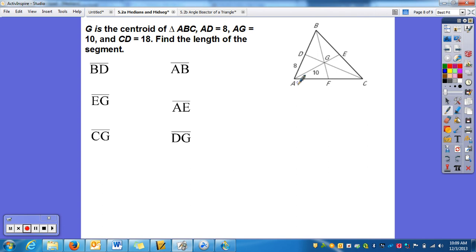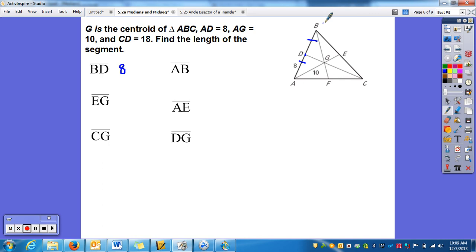Alright, so let's just do one quick example. G is a centroid of triangle ABC, where AD is 8, AG is 10, and CD, the entire length, is 18. We need to find the lengths of the segments. Well, BD. Remember, these are midpoints, so this and this are the same. If DA is 8, BD is also 8.